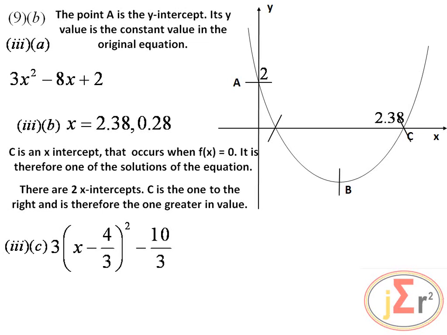We have used the completed square in solving the equation. We have used the solution of the equation to determine the x-intercept C. And we are using the completed square again in determining the x and y ordinates of B.